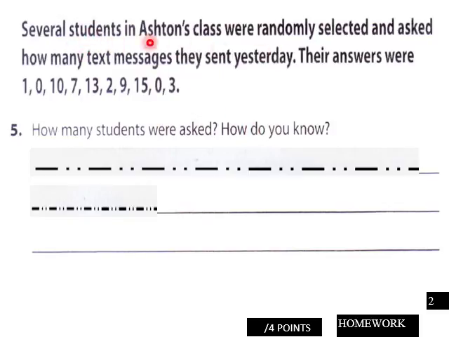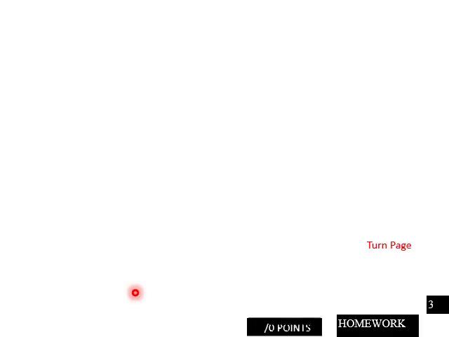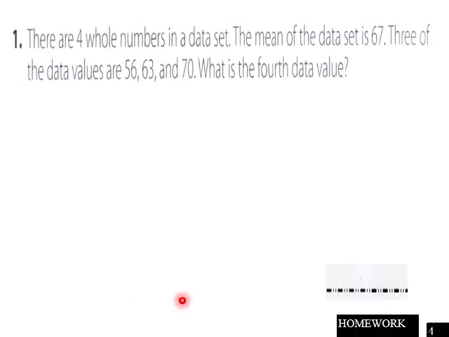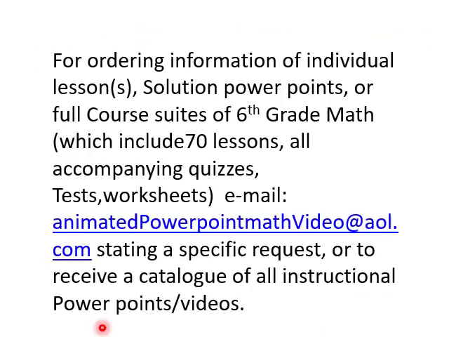Several students were randomly selected and asked how many text messages they sent yesterday, so here we have text messages sent. And then page 4 of your homework, there are four whole numbers in the data set. The mean of the data set is 67. 3 of the data values are these. What is the 4th data value?